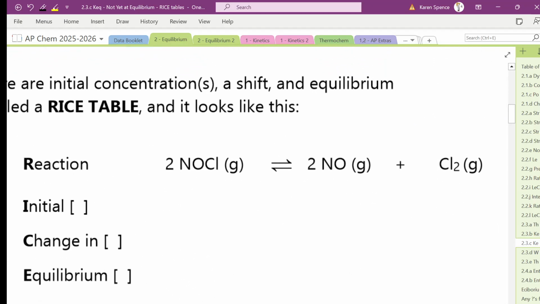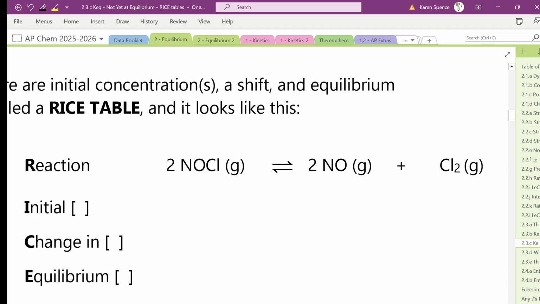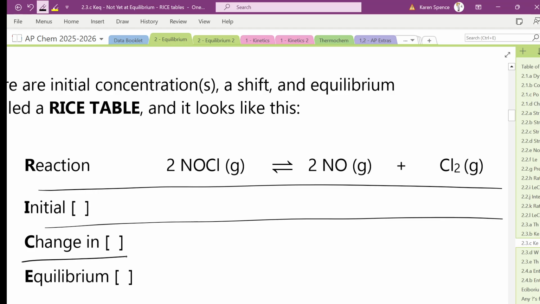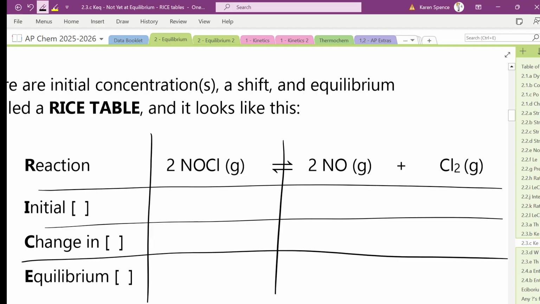Okay. And then you make 3 more lines in this table. You have an initial concentration, a change in concentration, and the equilibrium concentration. Okay. And I'm actually going to draw in some lines. If you would like a ruler, please let me know. I can grab you a ruler, but we'll just put those there.